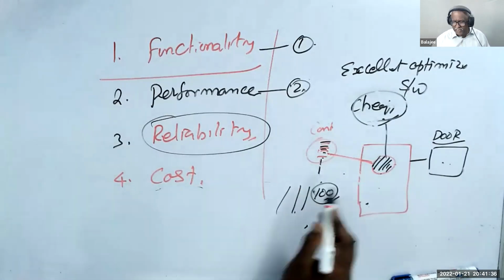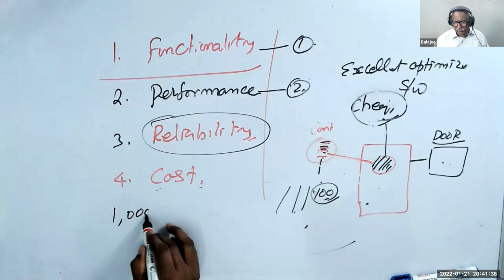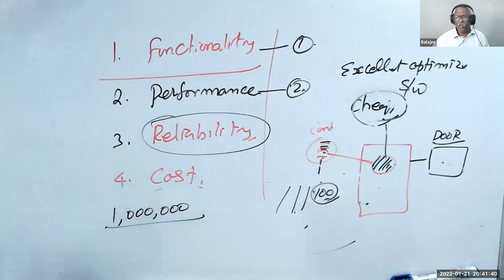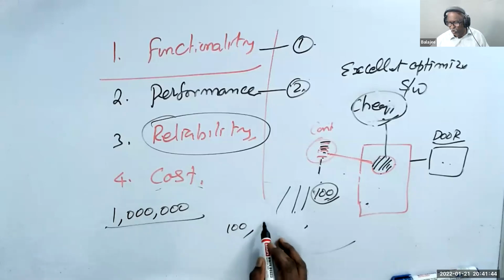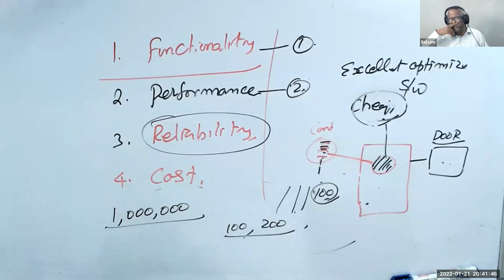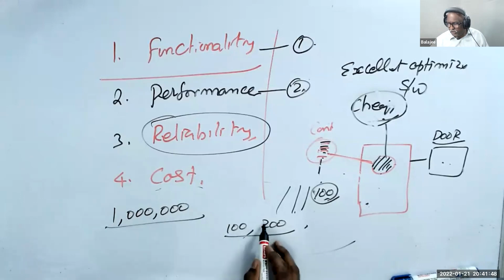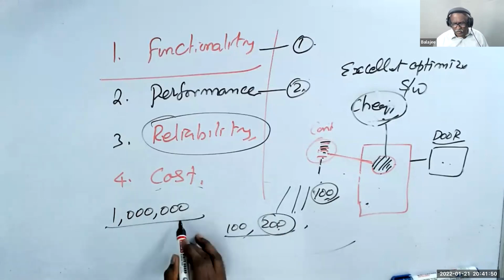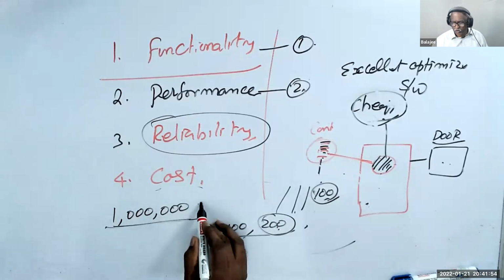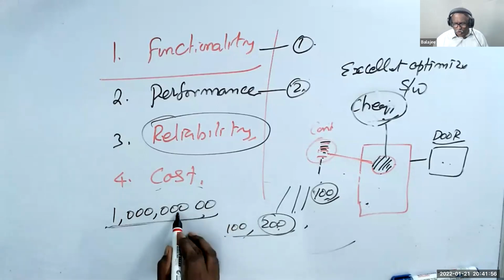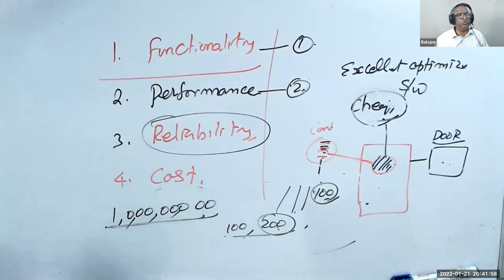For example, the company is making about a million products. One microcontroller costs you 100 rupees, the other microcontroller costs you 200 rupees. Think of it. The difference is 100 rupees per product, into 1 million products. So you see, how many crores? You waste about 10 crores.